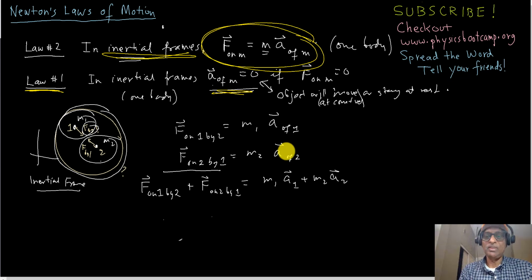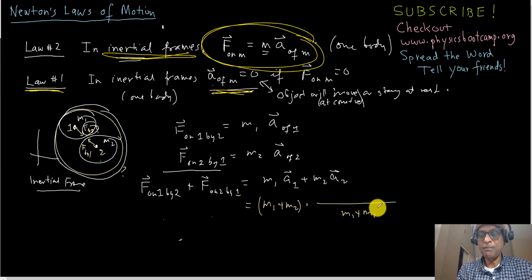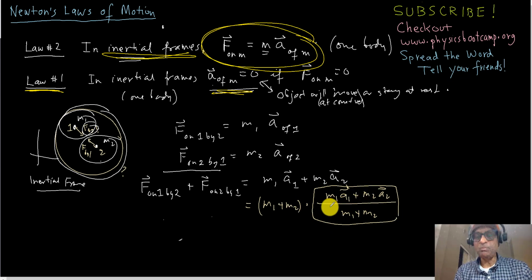And let's see if we can do a little bit with it. If we want to look at both of them together, then the mass will be m1 plus m2. So we can multiply and divide by that, m1 plus m2. So m1 a1 plus m2 a2 over m1 plus m2. This quantity has units of acceleration, and this is the total mass.